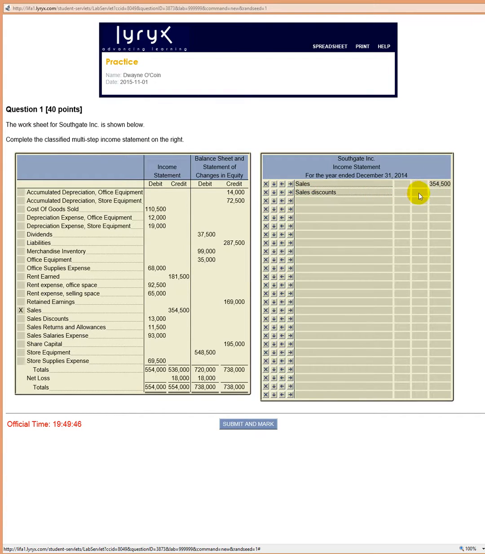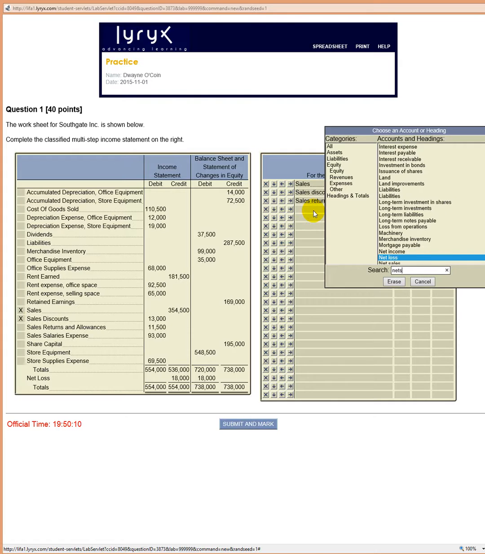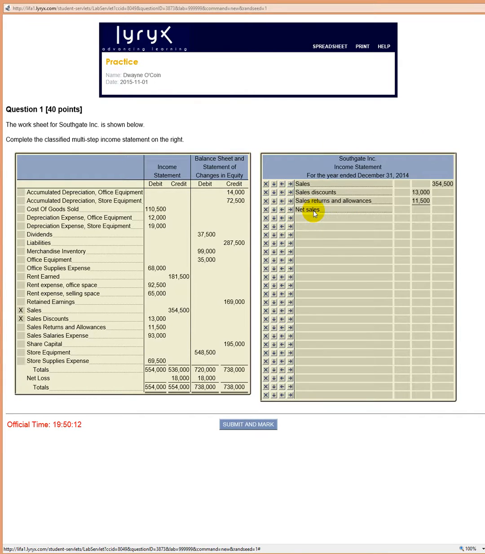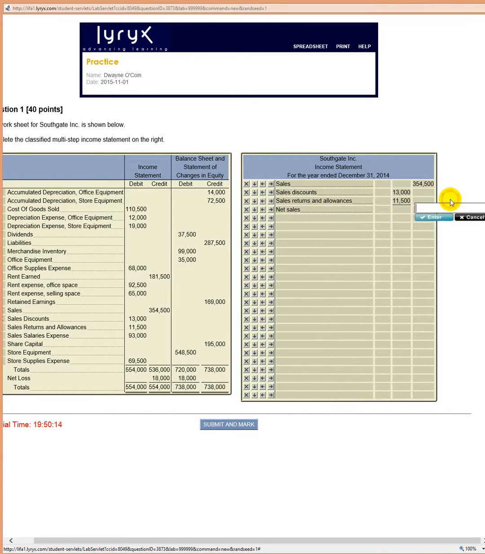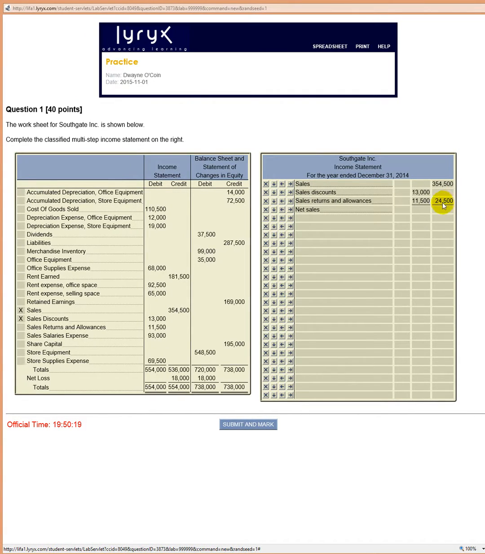And if you remember from the last income statement, the sales discounts gets added together with sales returns and allowances. $11,500 in this case, and it gives us net sales as a result. So we need to add those two together and then calculate net sales.